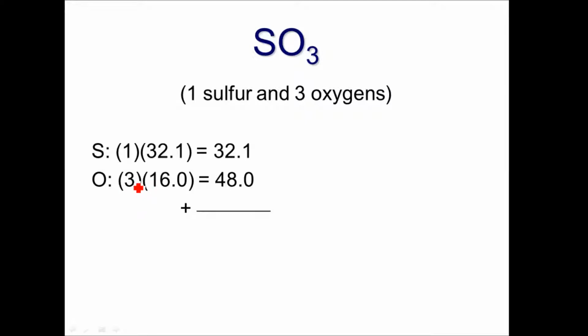There are 3 of them present, and you multiply all 3 oxygens by its atomic mass of 16.0, and you get 48.0. Then all we do is add those up. You take 32.1 plus 48.0, and you get 80.1 grams per mole, and this is my molar mass for SO3.